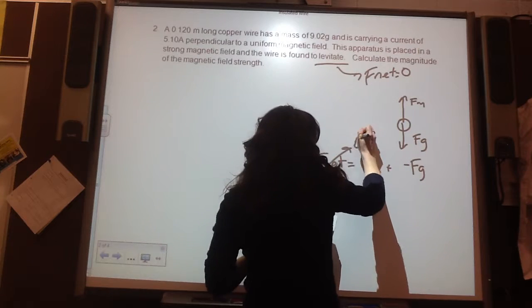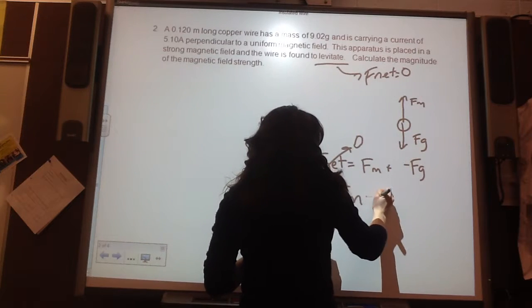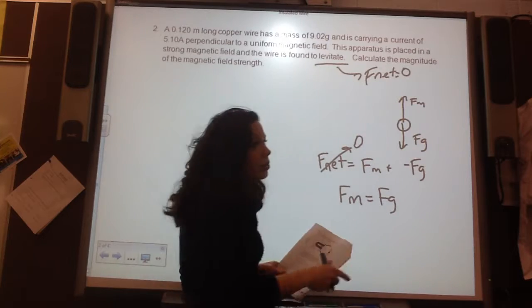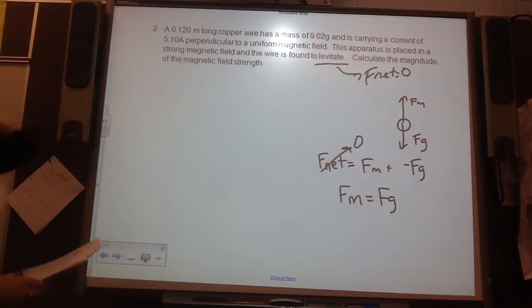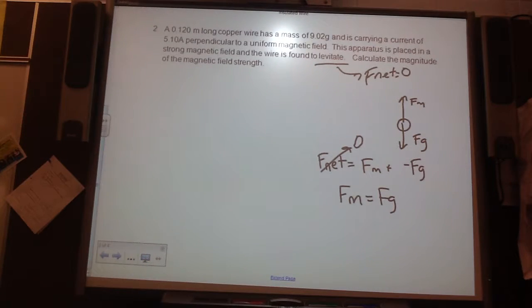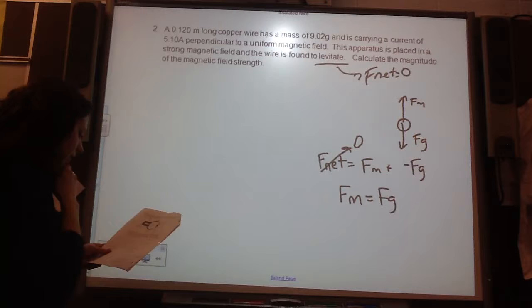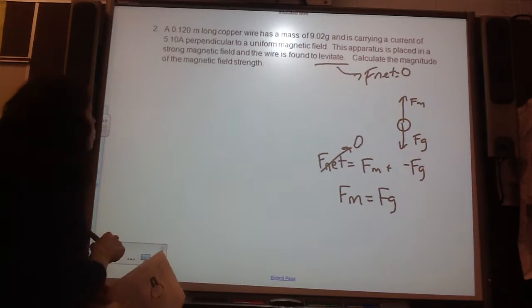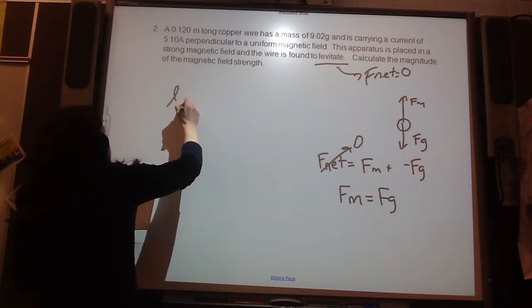Since this is 0, Fm is equal to Fg for this question in particular. This doesn't apply to every single one. You're going to have to draw your free body diagram and determine your formula, but for this one, Fm is equal to Fg.